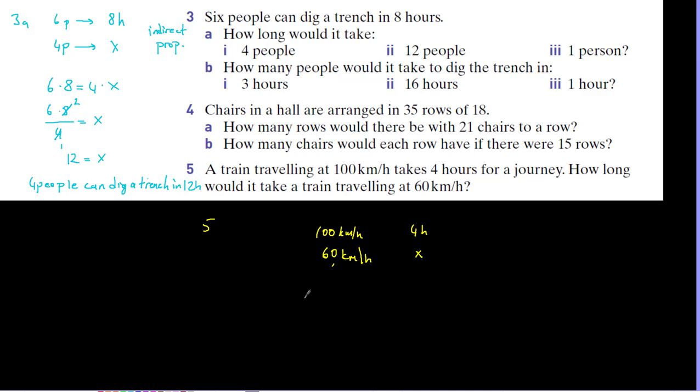So we do it like this, this is indirect proportion: 100 times 4 should be equal to 60 times x, which is 100 times 4 over 60 is the x.